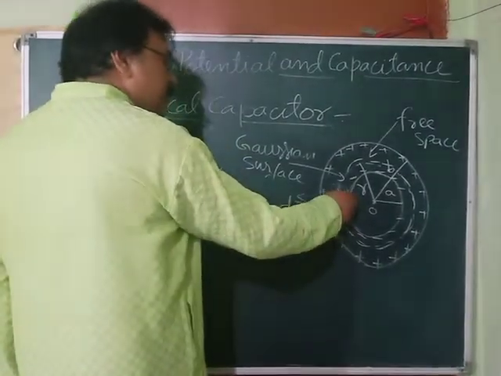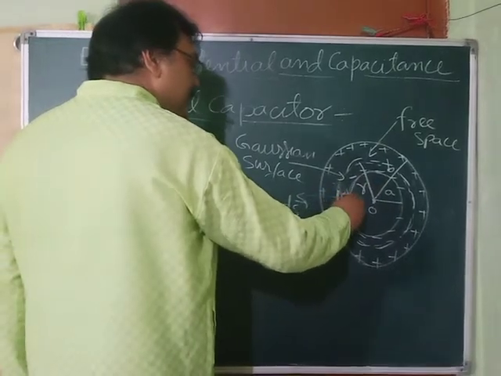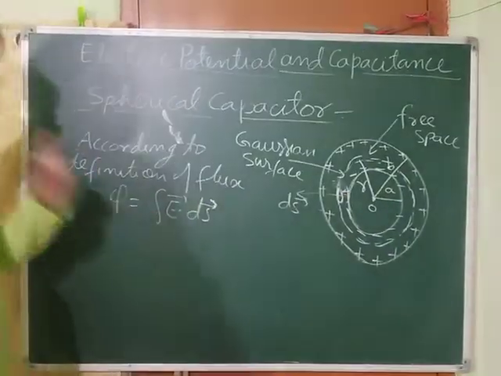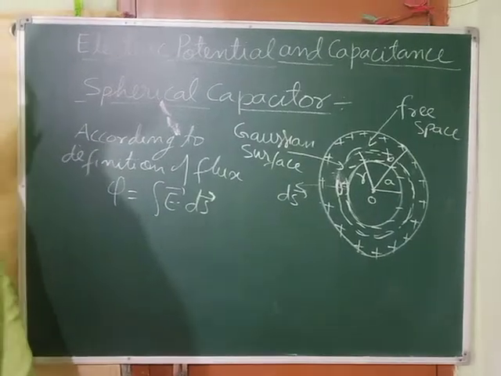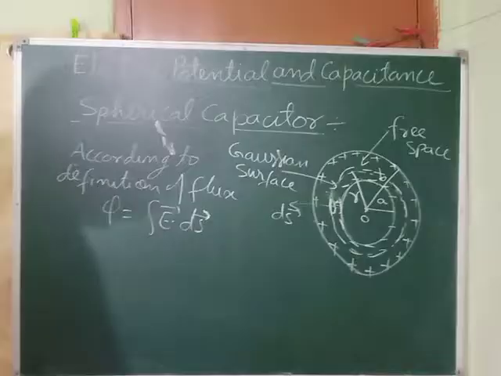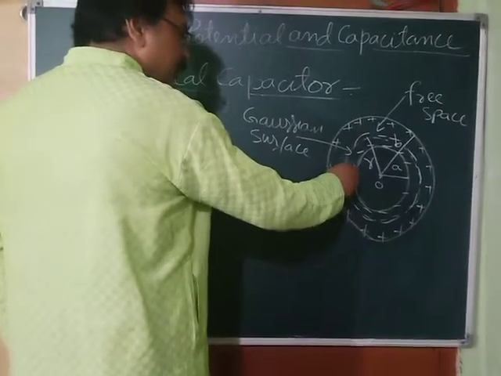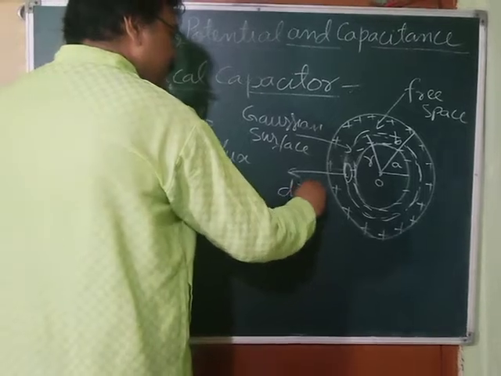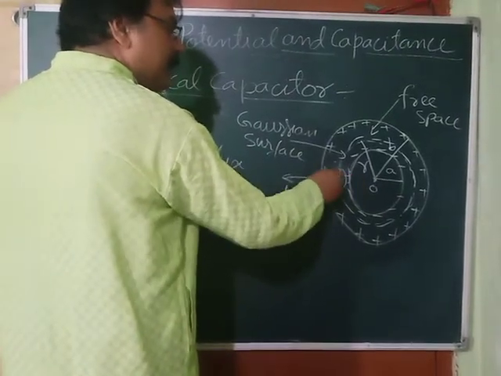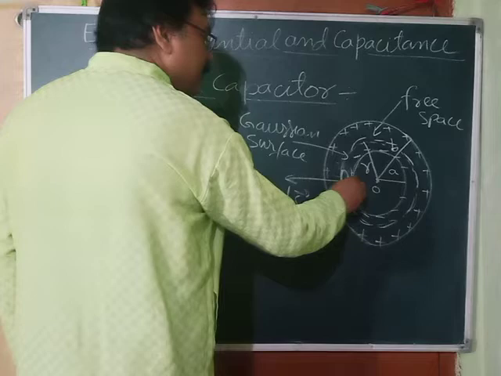Due to the negative charge, the electric field is in that direction. Okay, so what are you going to get? You get cos of the angle. If you take a small area over here, that is ds, it is directed outward. The electric field is directed from positive charge to negative charge, so it is directed inward.